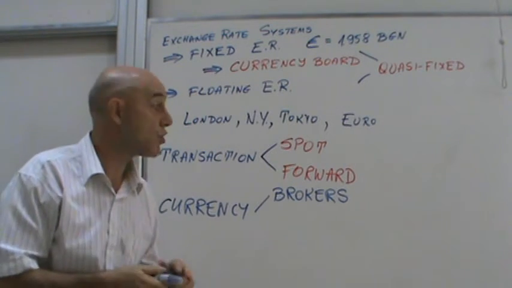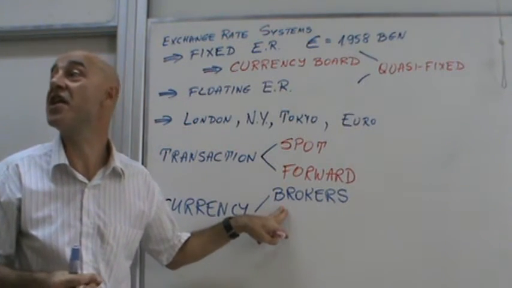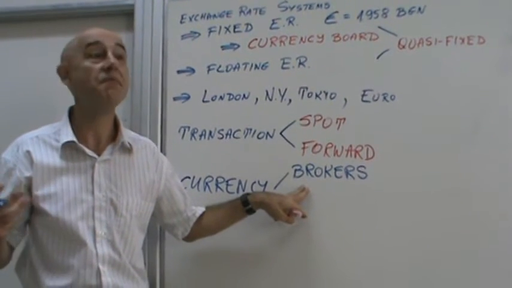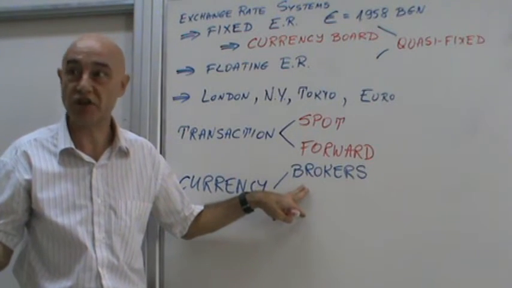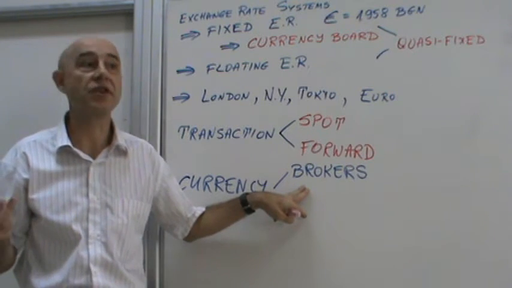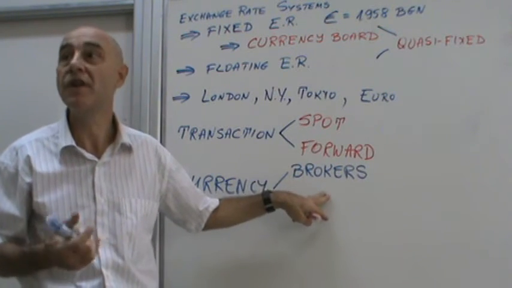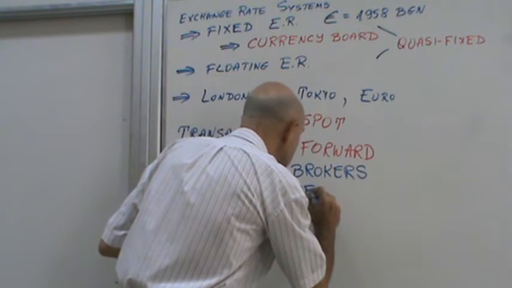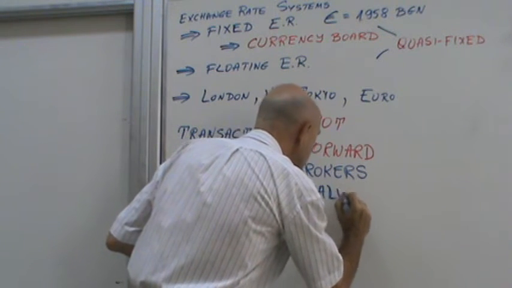Currency brokers. A broker specializes in finding large amounts of currency for exchange. So you want to change $100 million, he'll help you find $100 million. Then you have currency dealers.